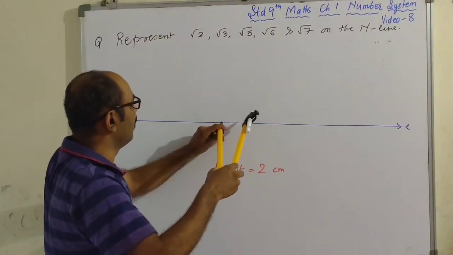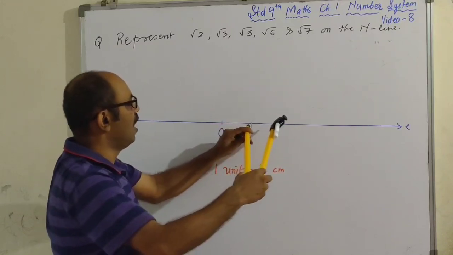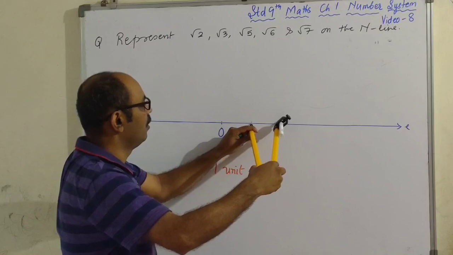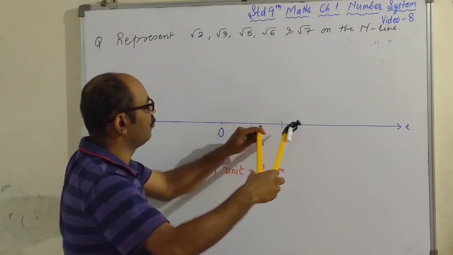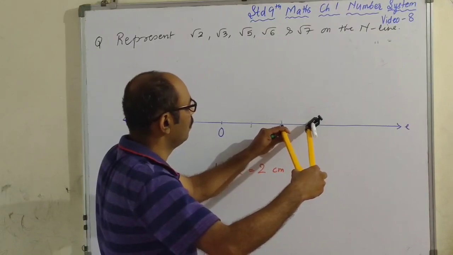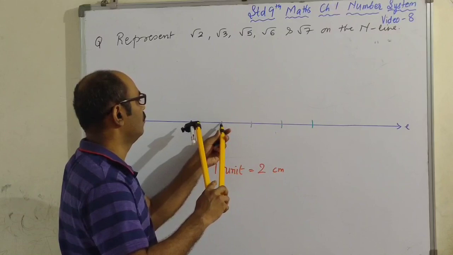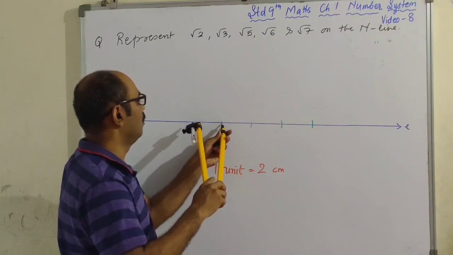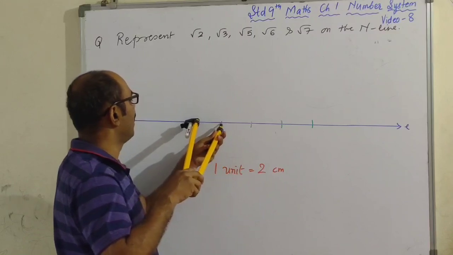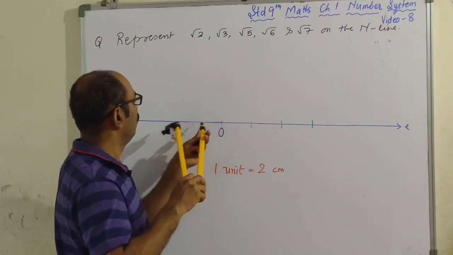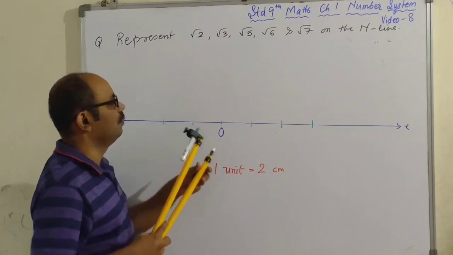Now this won't remain properly here, it keeps on sliding. 1, 2, 3. You may take here also. You don't actually need to take it here, but I am taking 1, 2.